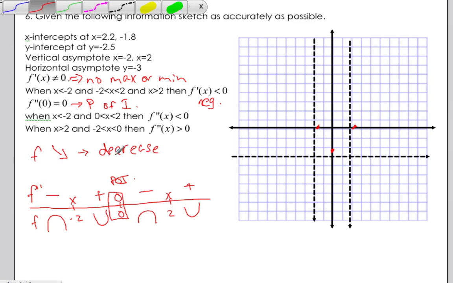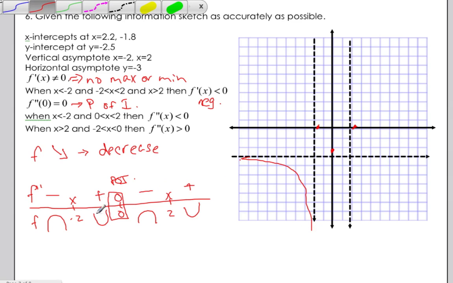The function's always decreasing. So if we look at the part between negative infinity and negative 2, it's always decreasing and concave down, and it does not cross the x-axis, confined by these asymptotes. So it's got to look something like that.